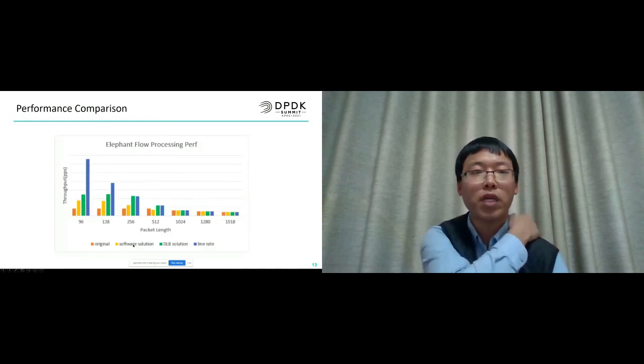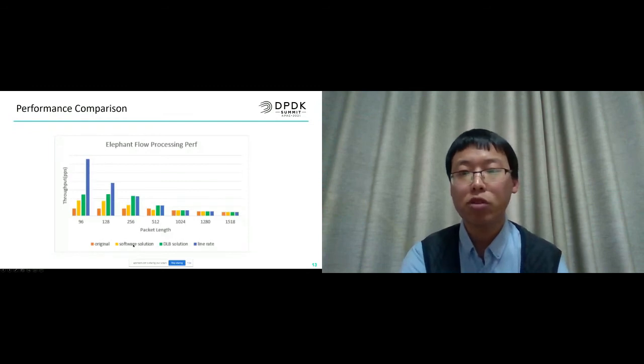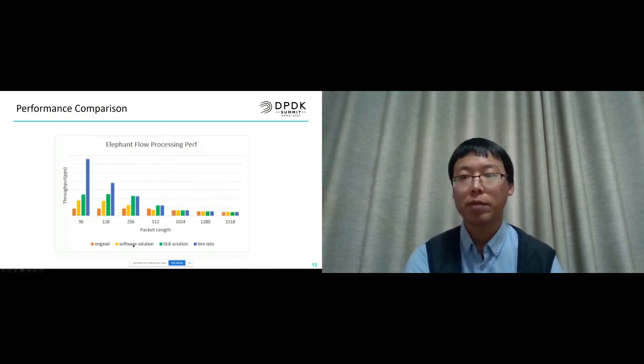So here are some key takeaways. First, distributing the elephant flow to multiple cores is essential. We have explained the reason: the elephant flow would exceed a single core's capability.